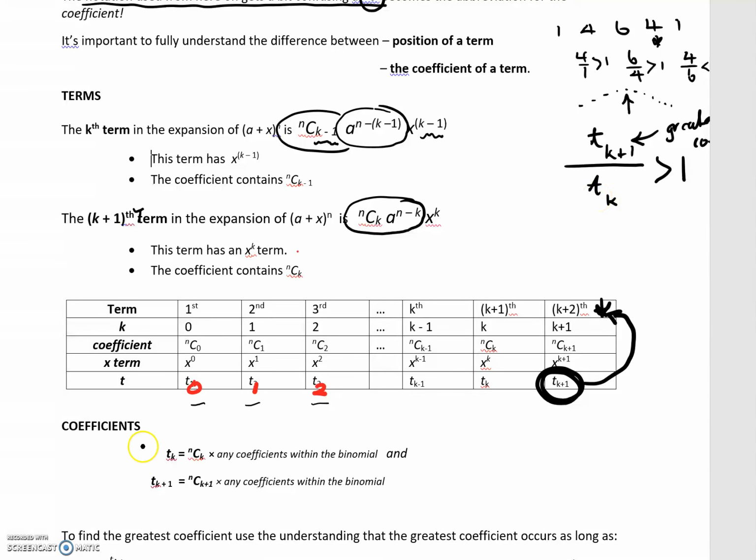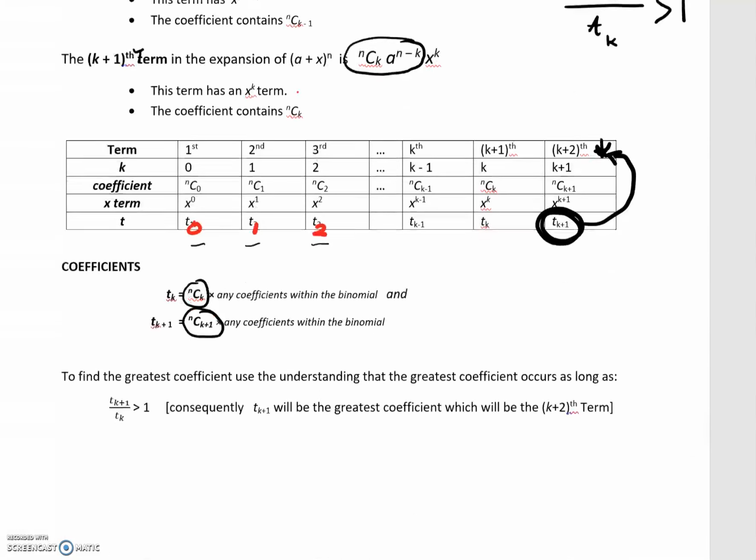It's pretty easy to identify, because coefficient k has the nCk and any other number within the binomial, and the coefficient k plus 1 is nCk plus 1. And again, any other number or any other coefficient appearing in the actual binomial.